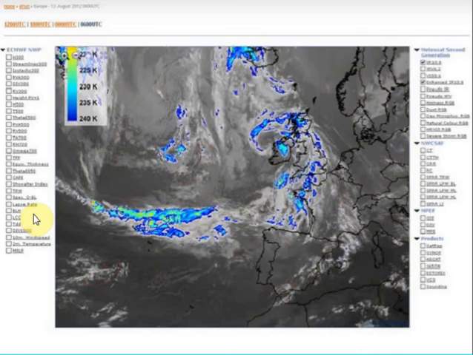As for the frontal system over the sea, as we saw, the cold front consists of cold clouds, so higher clouds with also some convective clouds embedded in it.